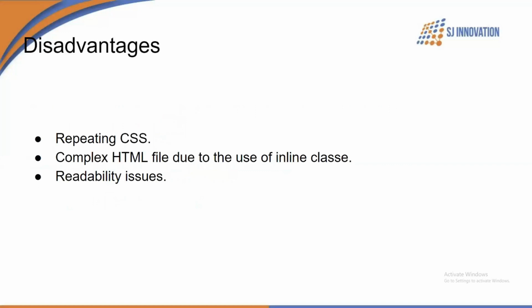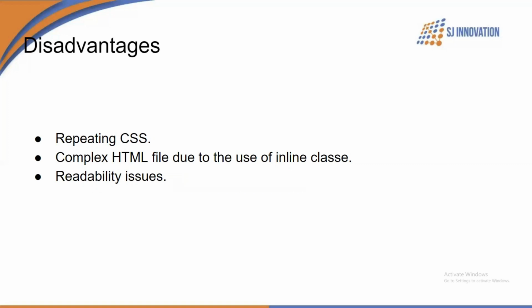And there are some disadvantages by using Tailwind, like repeating CSS. As I have told, we can minimize it by using apply, variants, or extracting components. But still there is some issue with the repetition of CSS in Tailwind.